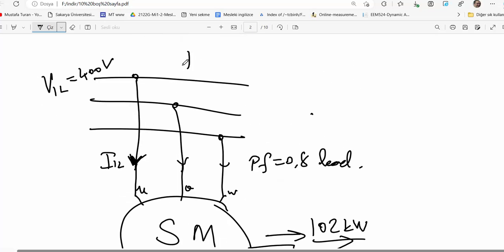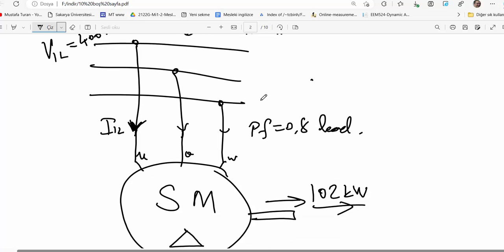There was some input power, electric power, 104,500 watts. Under these conditions, what is the line current?